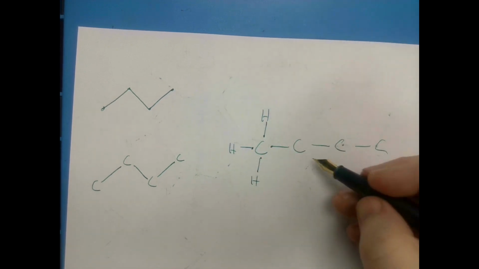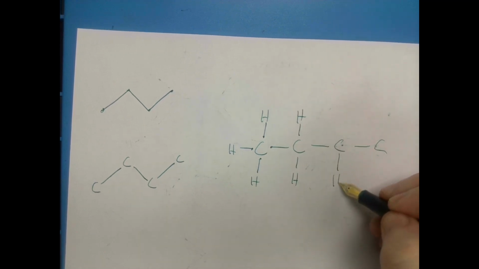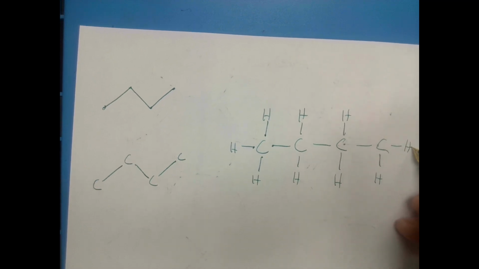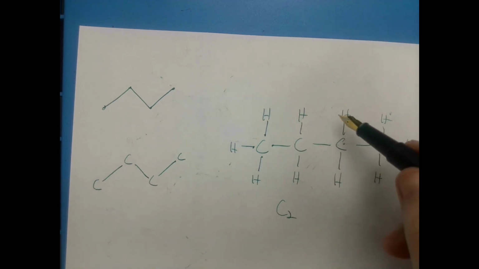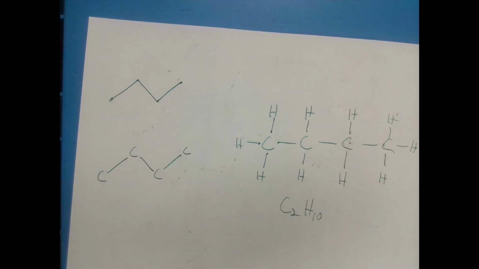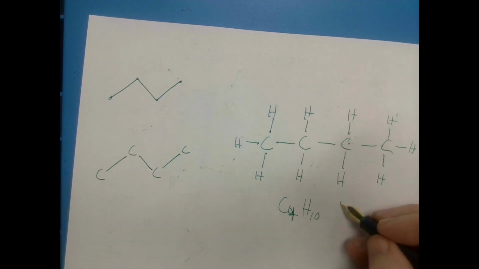How many would be around this carbon? 2. Every carbon is going to have exactly 4 lines. I'm getting ahead of myself. This is butane.